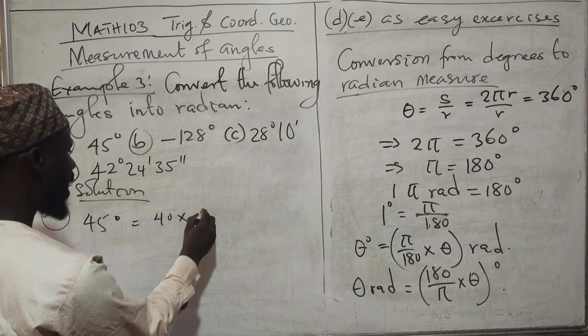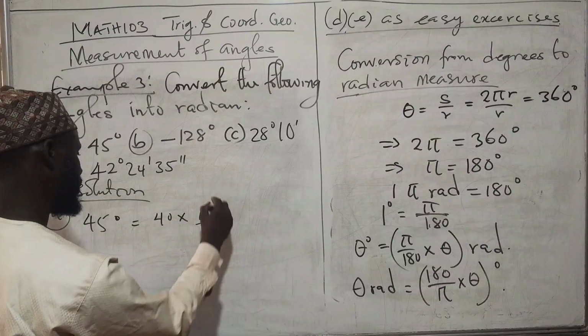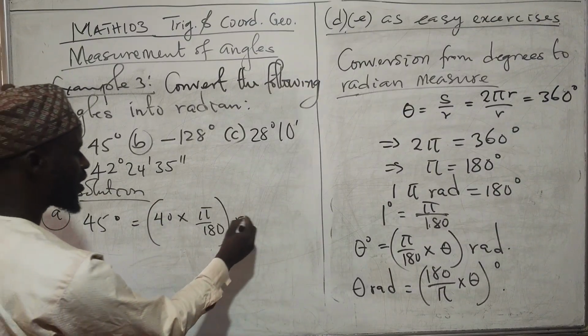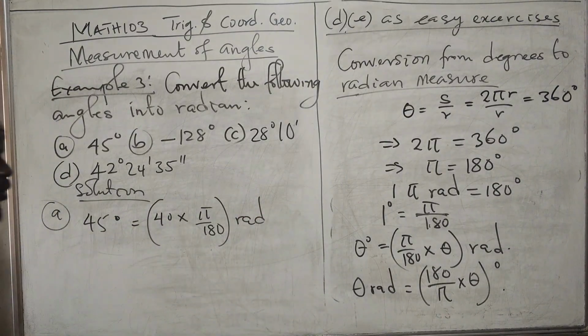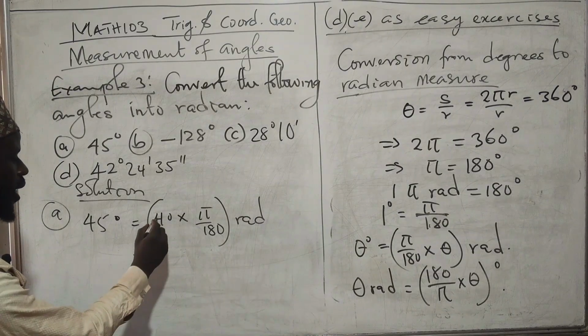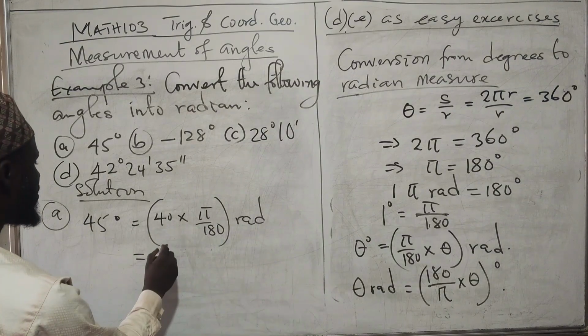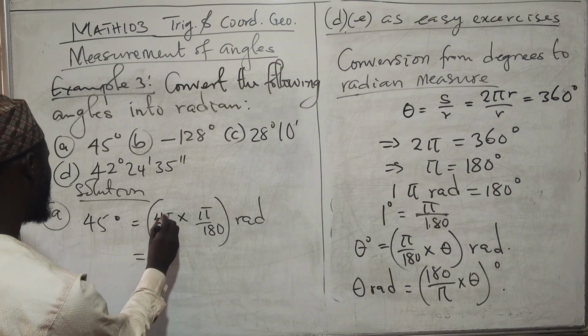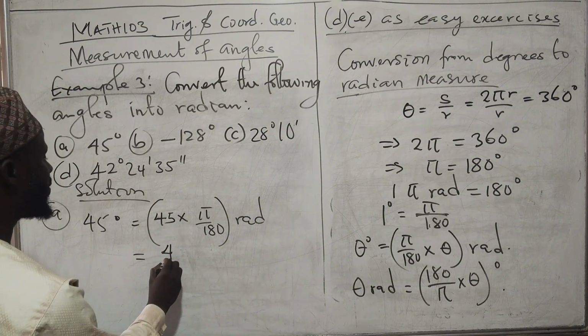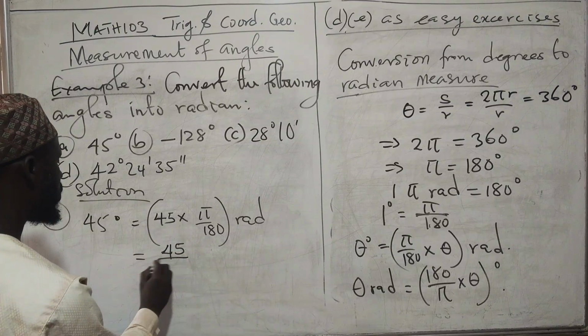After conversion, you have to put the radian symbol to indicate that you are now in radian measure. So this is 45 over 180 pi, in radian.